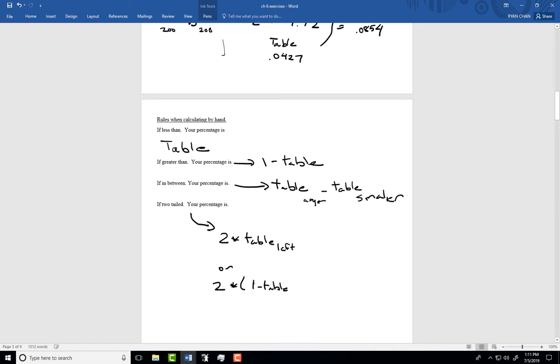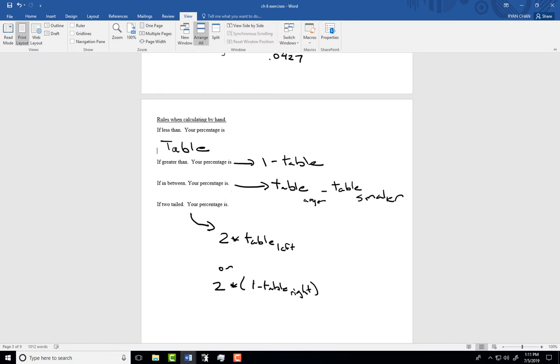Now, the one we did was 2 times the table of the left. So I took the left side, which is my table, and I doubled it. If I'm doing the one on the right, I need to subtract that from 1, because remember, your table always goes to the left, okay?